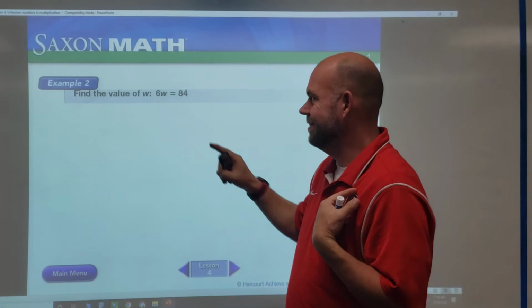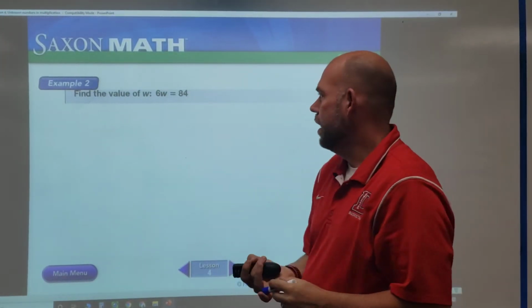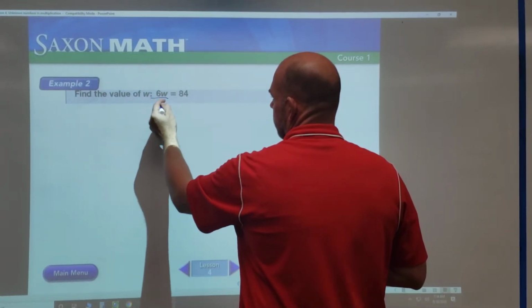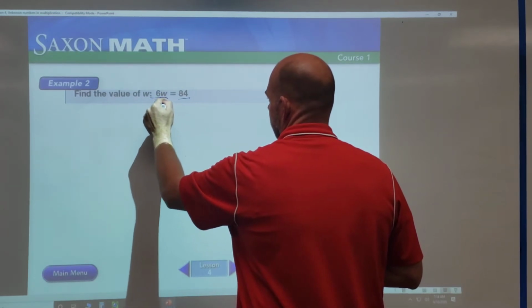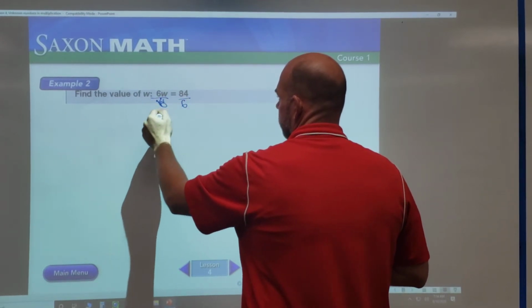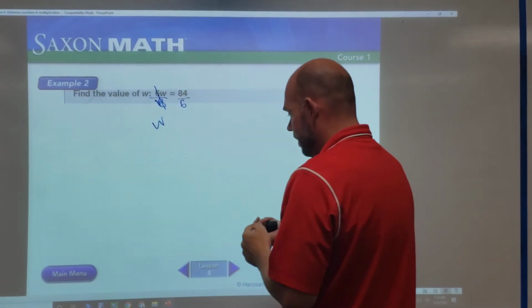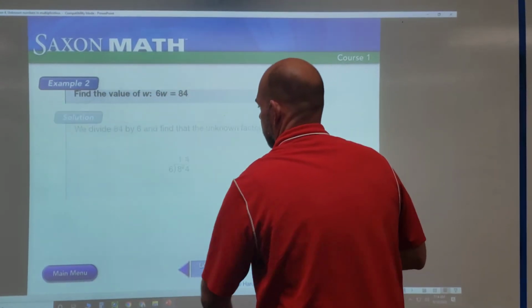Now, I like this setup because, again, I like to do both sides of the equal sign, and that way you can just take whatever isn't w and get rid of it, divide by 6, we want w by itself. So then we get just w because the 6's cancel out, and 84 divided by 6 will be our answer.